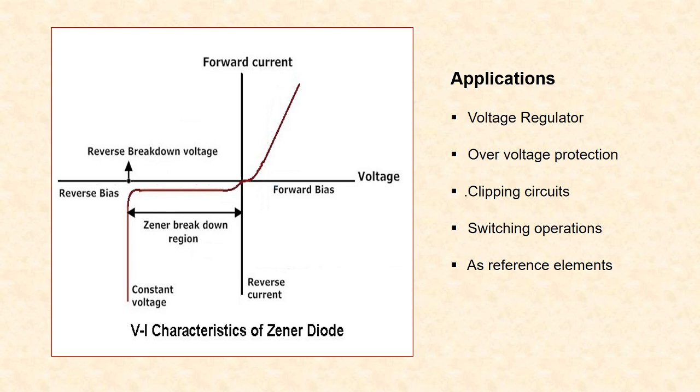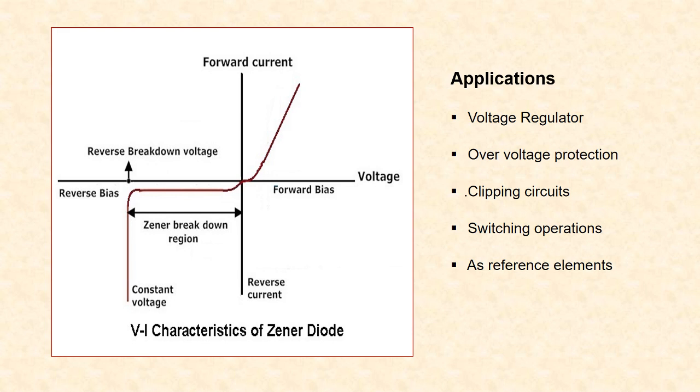Next is the applications of Zener diode. In reverse bias condition, as the current increases to a maximum value and it stabilizes and remains constant over a wide range of applied voltage, Zener diode is used as voltage regulator. Zener diode is also used in over voltage protection, that is, when the input voltage is higher than Zener breakdown voltage, the voltage across the resistor drops, resulting in a short circuit.